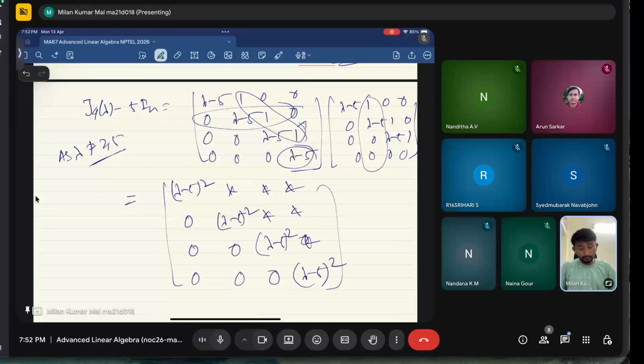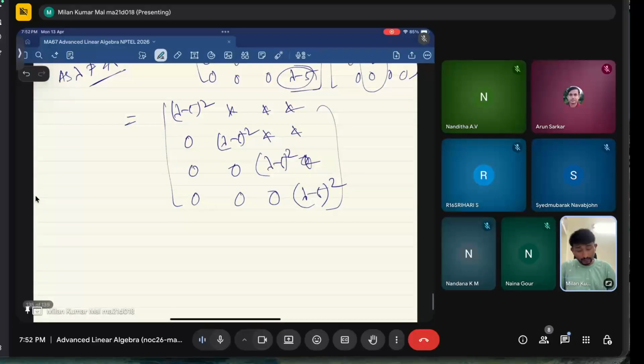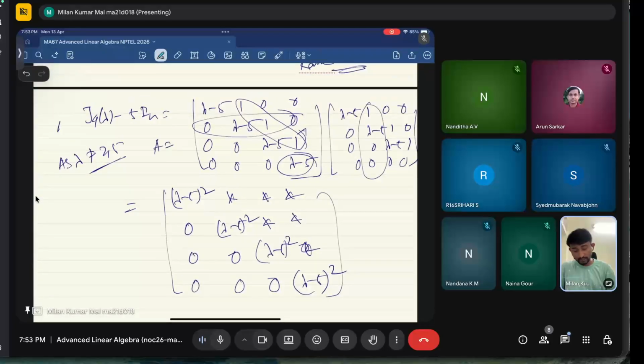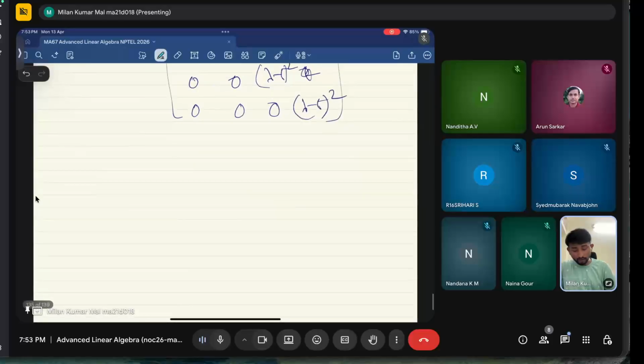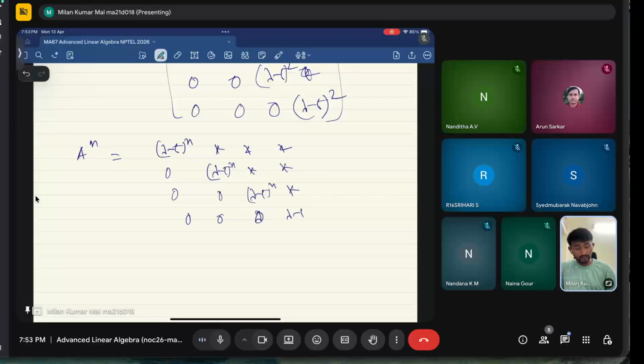Similarly, this is the matrix A here. Whatever power you take, A to the n will have lambda minus 5 to the n on the diagonal, some term that can be non-zero, and 0s elsewhere.